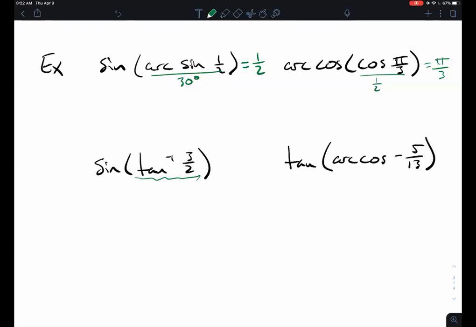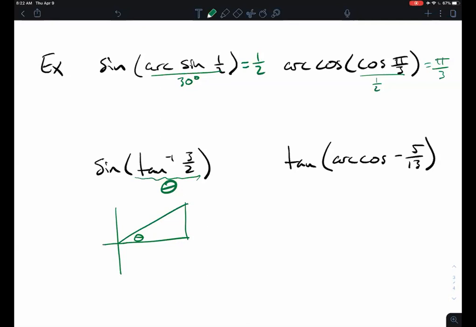The neat thing about this problem is that I don't need to know. The answer that I get is some angle. I don't know what that angle is. But what do I know? I know that rotation got me a ratio of 3/2.